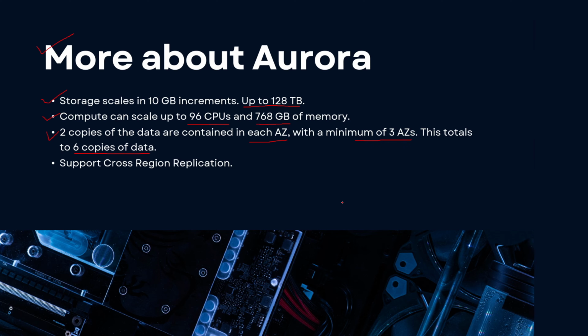So, whenever you create an Aurora database, two copies of that database will be present in each availability zone, and there will be a minimum of three availability zones in which your database will be copied to, which relates to you having six copies of your database, which makes Aurora very highly available.